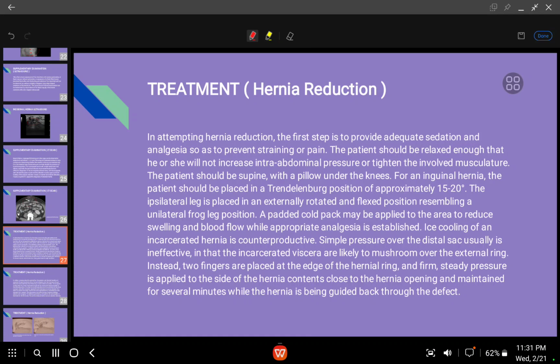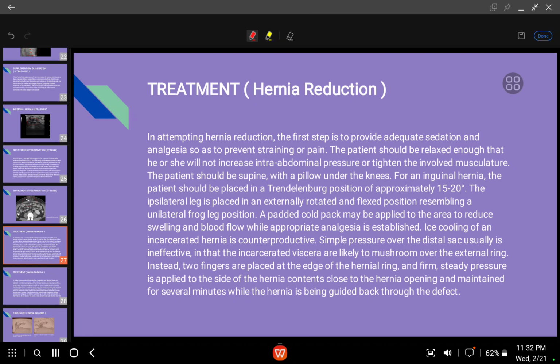For inguinal hernia, the patient should be placed in a Trendelenburg position of approximately 15 to 20 degrees, and the ipsilateral leg is placed in an externally rotated, flexed position resembling the unilateral frog leg position. A padded cold pack may be applied to the area to reduce the swelling and blood flow while the appropriate analgesia is established. Ice cooling of the incarcerated hernia is counterproductive.